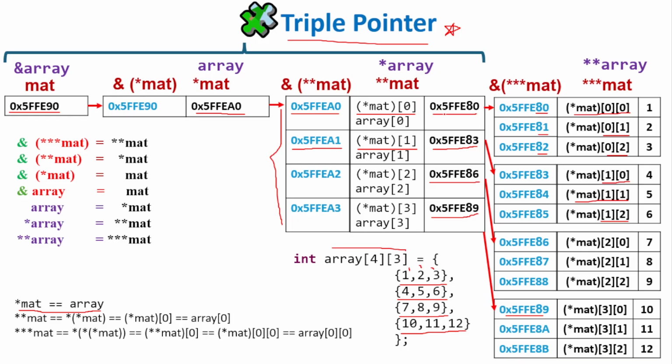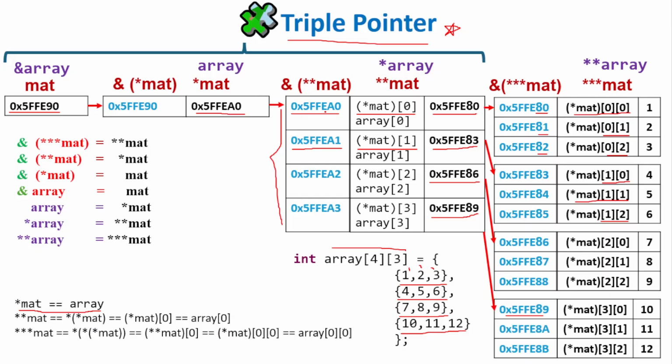This value is pointed to by *mate whose own address is 5FFEA0. We refer to this as *mate[0]. Therefore, the value 5FFE80 represents the content stored at the memory location pointed to by *mate at 5FFEA0, and we can also denote this as **mate.